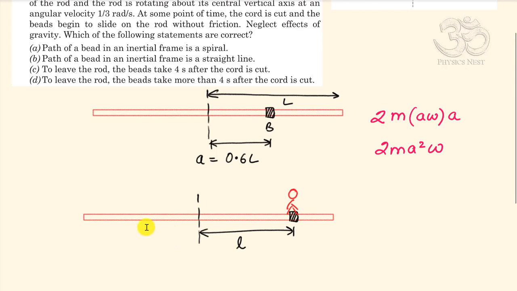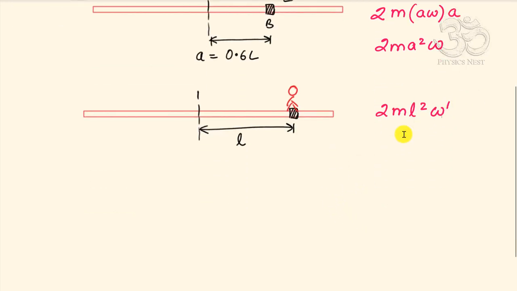So small l here and small l there also for the A bead. That means the total angular momentum of the system is 2m l squared omega prime, such that 2m a square omega is equal to 2m l squared omega prime. That will help us to figure out what is omega prime. Therefore omega prime is equal to a squared omega by l squared, number 1.